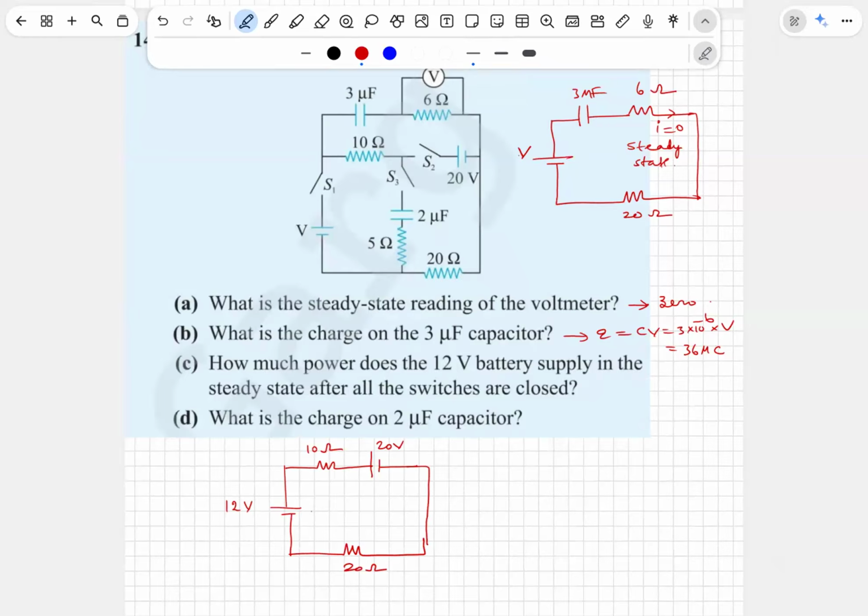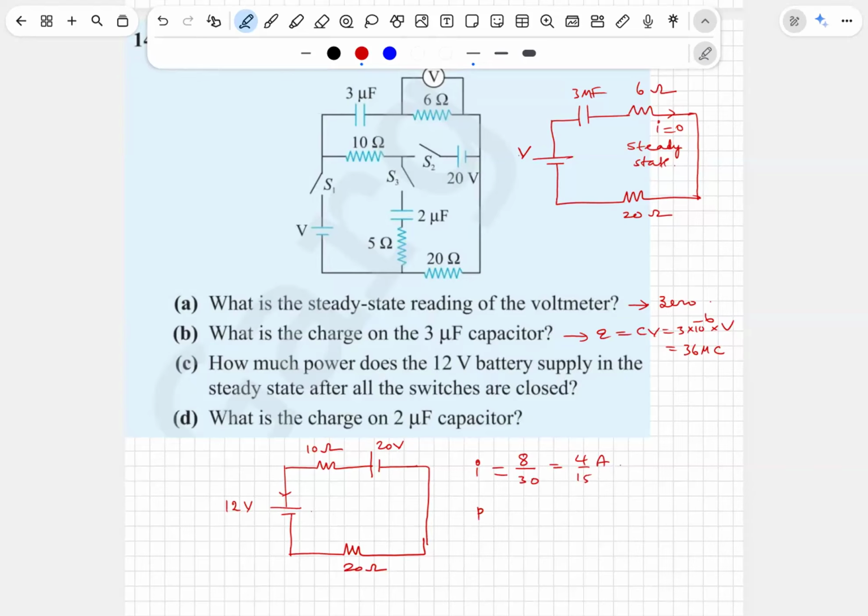So in this case, that's the deal. What you want is power. Power supplied is negative actually. Minus VI, minus 12 into 4 by 15.